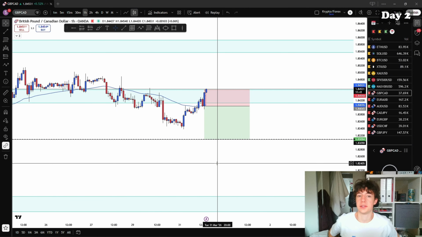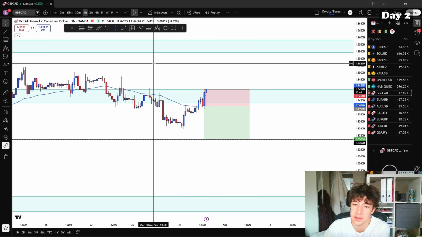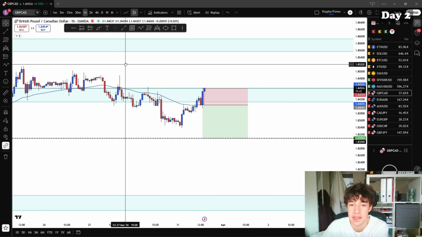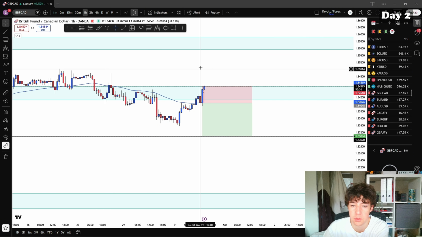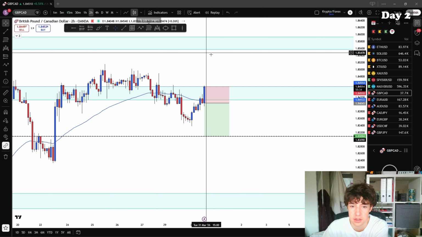So quick market update again. We just got stopped out of the trade 2 hours later. You can't even make this up. I just entered off this 1 hour engulfing candlestick.